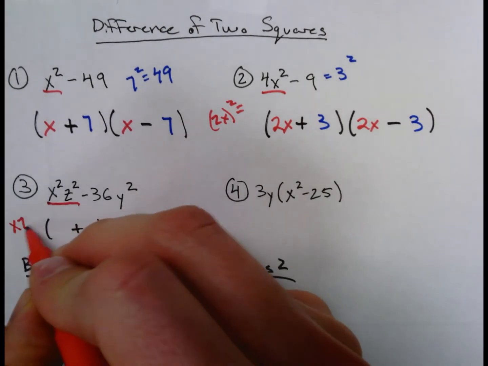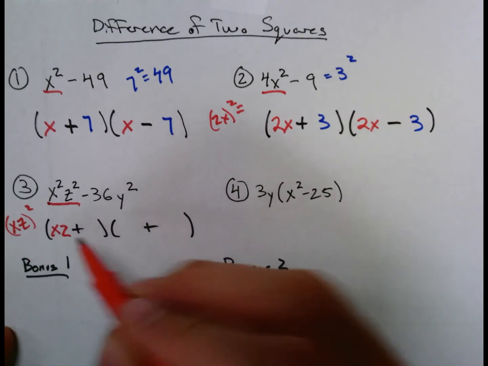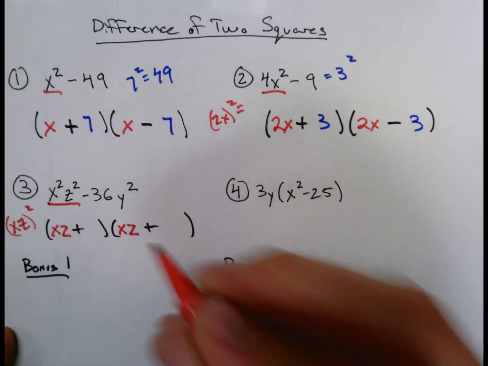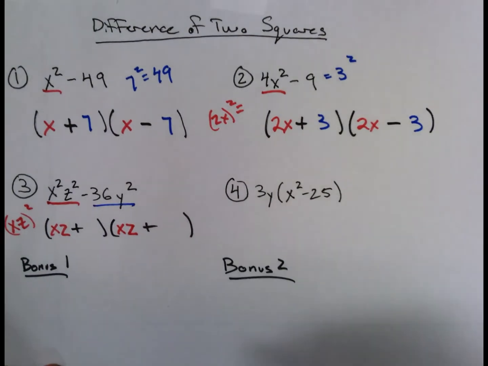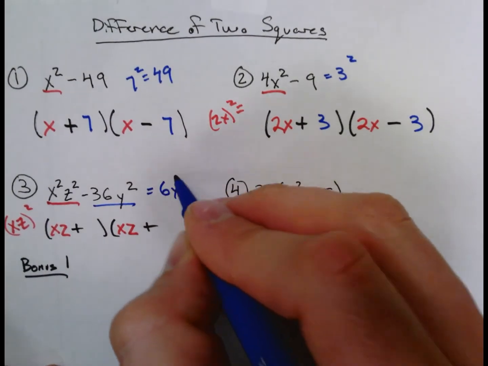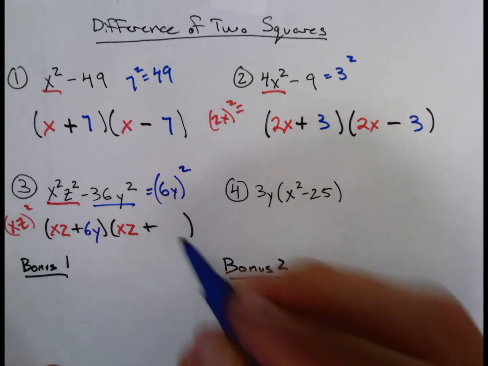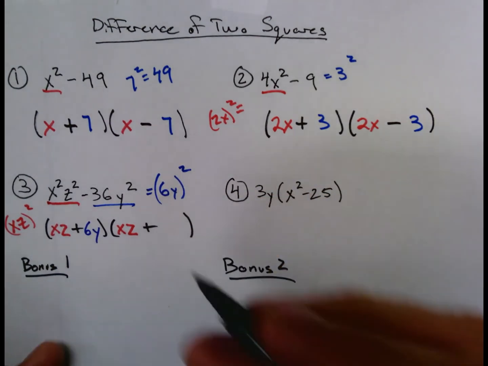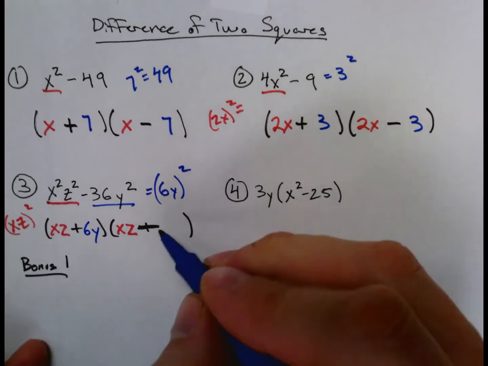Well, that would just be xz, the quantity, squared. So I have to put an xz and an xz. And then what squared is 36y squared? Well, that would be just 6y. And so that quantity is what's squared. So 6y. Oh, and I made that wrong. This is supposed to be a minus sign. I apologize. And then this would be a minus 6y.